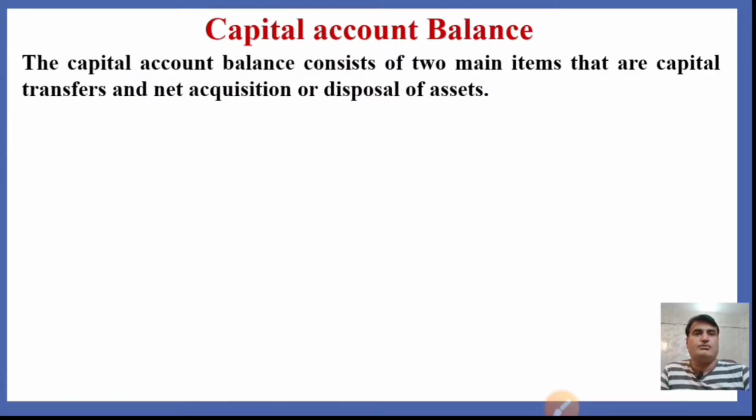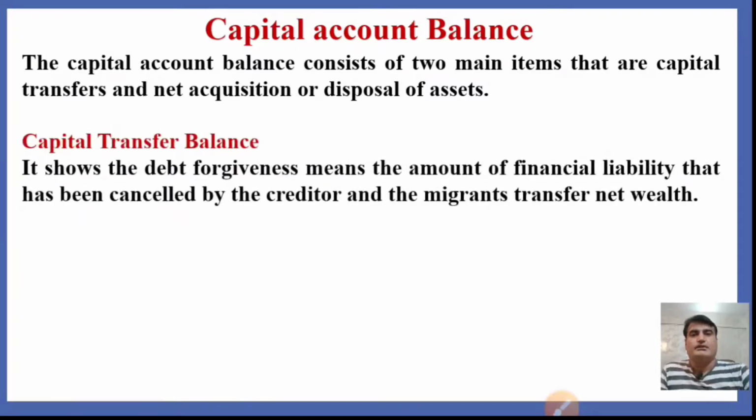The capital account balance consists of two main items: the capital transfers and the net acquisition or disposal of assets. The capital transfer balance shows debt forgiveness, meaning the amount of financial liability that has been cancelled by the creditor, and the migrant transfer of net wealth.